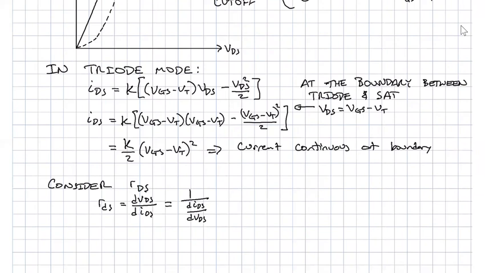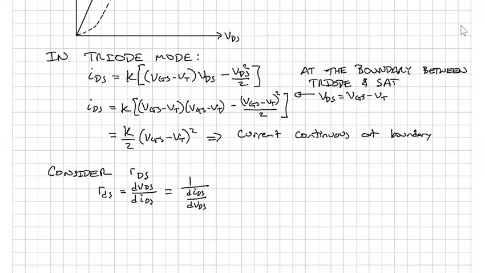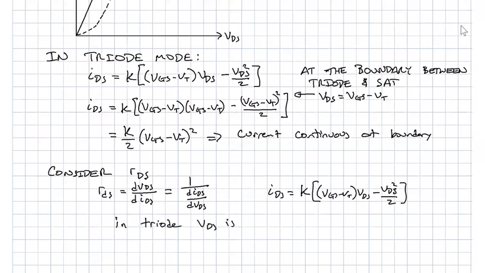If we go back to that original equation, this was our equation, so we could say that in triode, we could make the observation VDS is small.